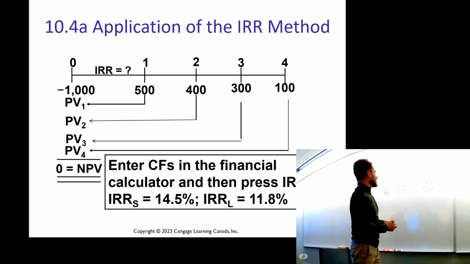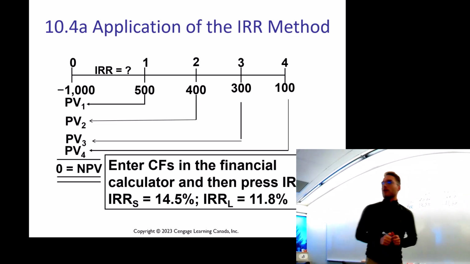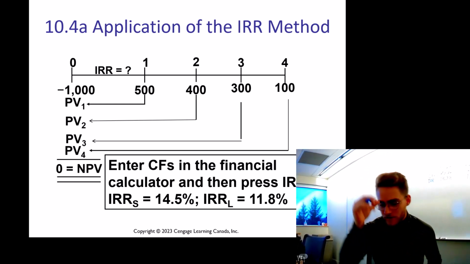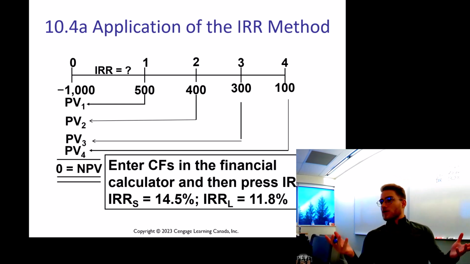Okay, so in this case, when it comes to rates of return, you're going to want the project that has the highest rate of return, especially if they're mutually exclusive and you can only pick one.